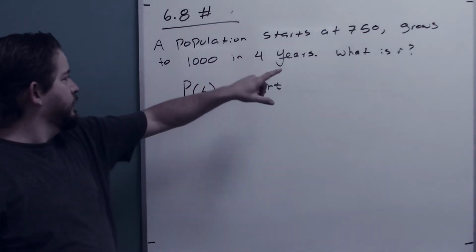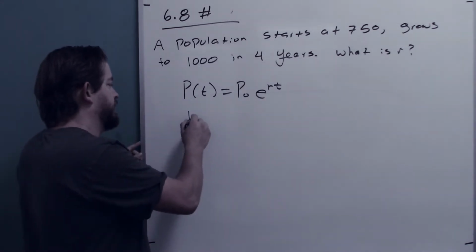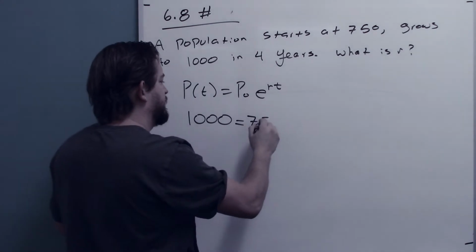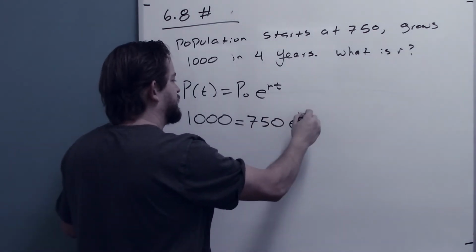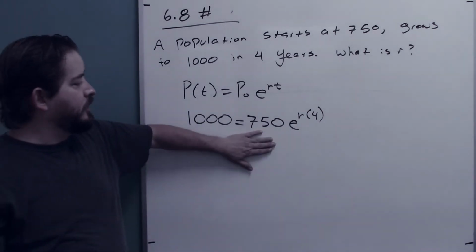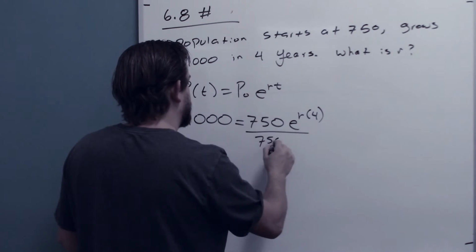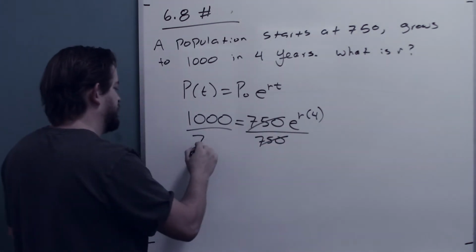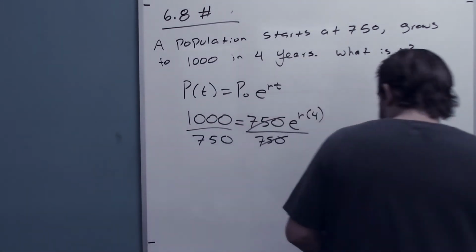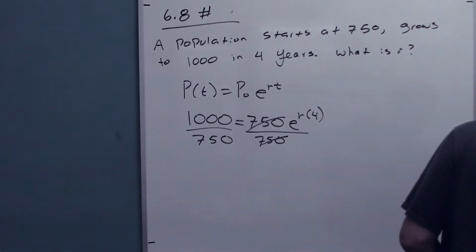Well, I know that at some time in the future I'm going to end up with 1,000 flamingos if I started with 750. And I know that it took 4 years for that increase to happen. So I can solve for R in this equation. If I divide both sides by 750, this ends up being a 1.333 forever repeating.